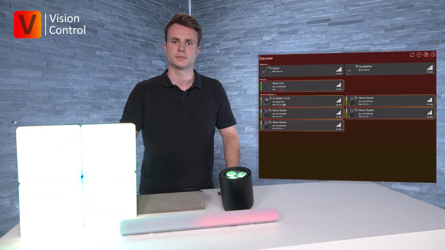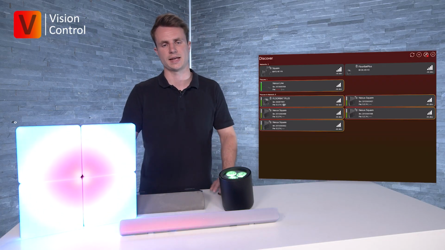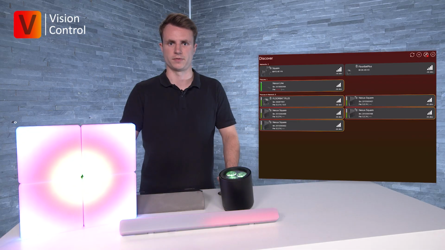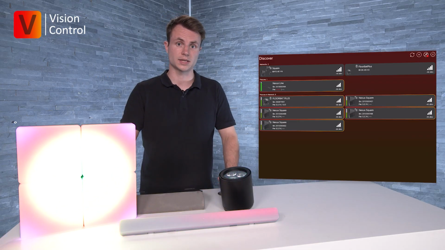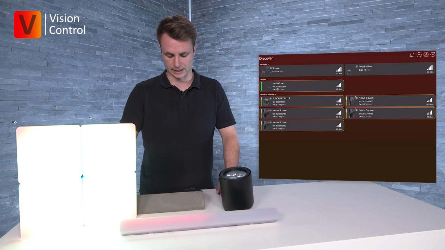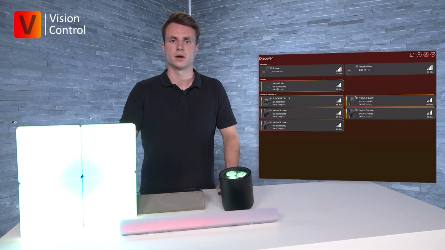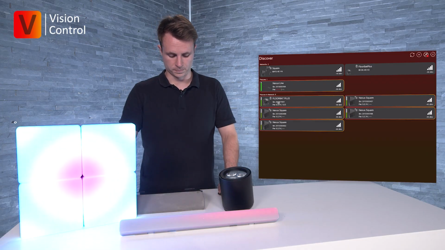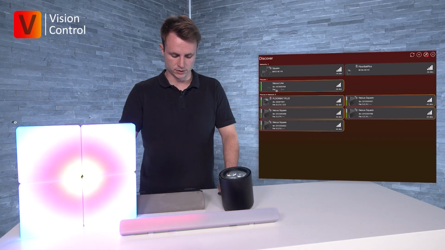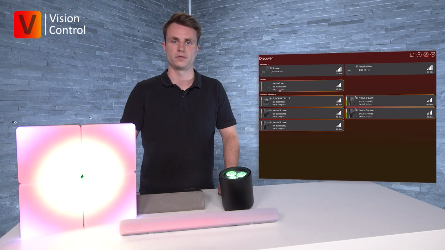Normal fixtures have two firmware versions. The first firmware version is the Vision firmware version and the second is the fixture main firmware version. But there are also some fixtures, like for example the Nexus Line and Nexus Square, which have only one firmware, the Vision firmware. So you probably already saw that here the Nexus Line has a red firmware.